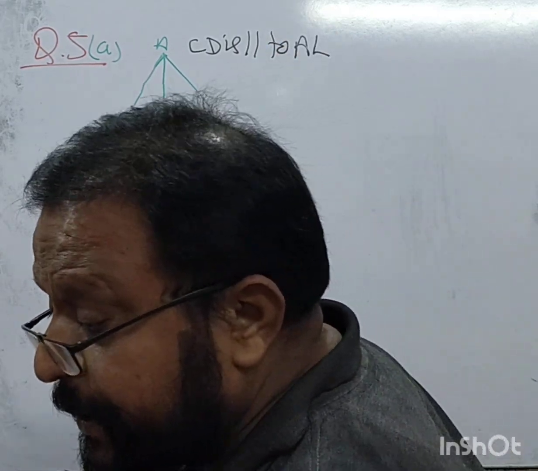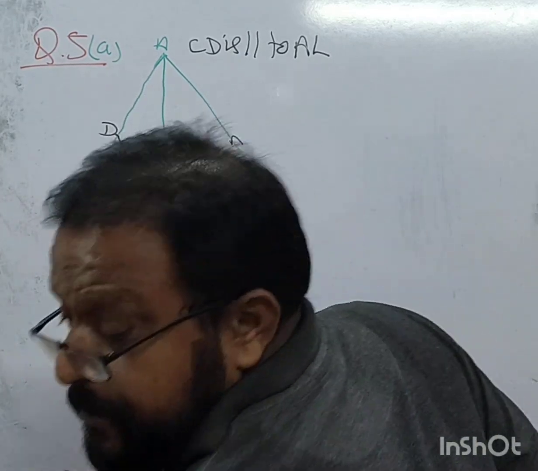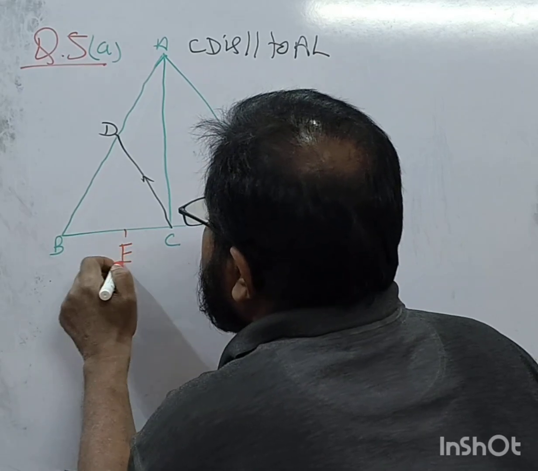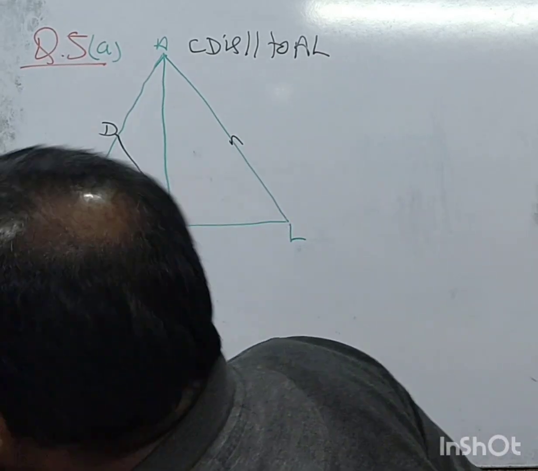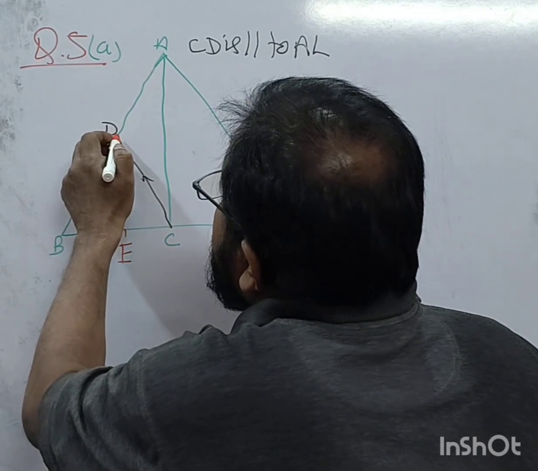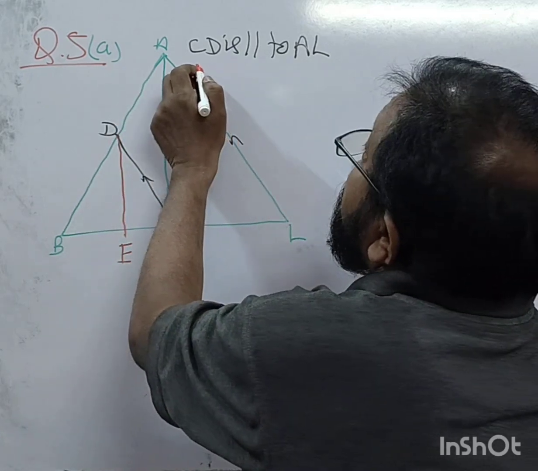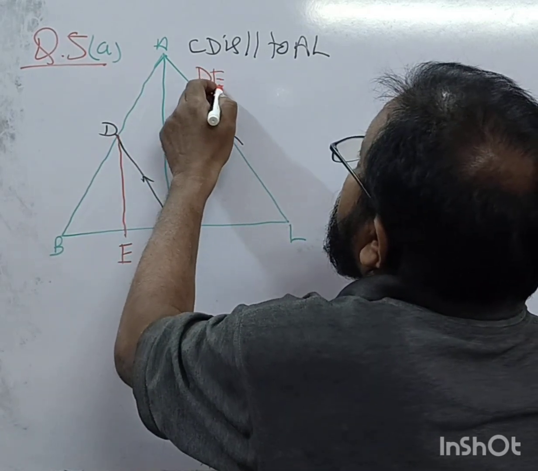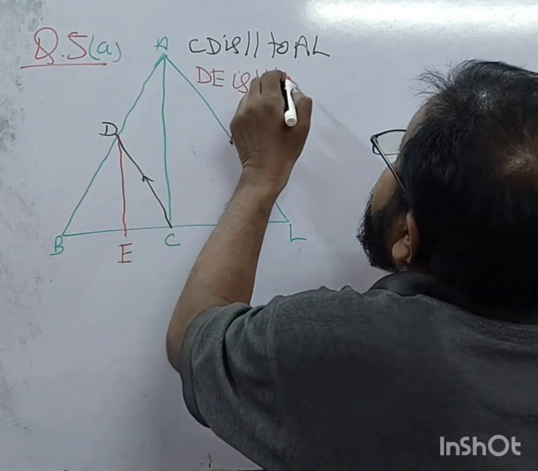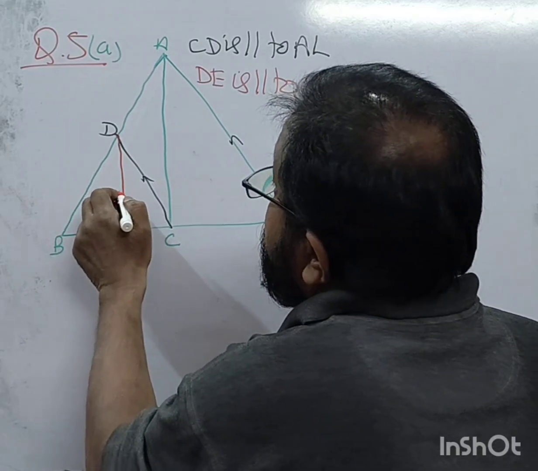And there is one more we have, that is E. We have a point E here and DE. This is DE, right? So DE is parallel to AC, means they are parallel.